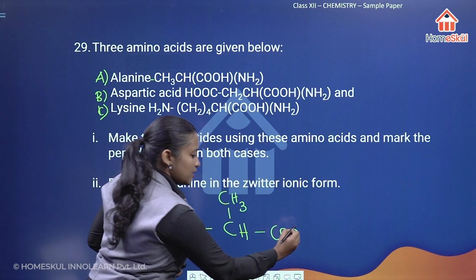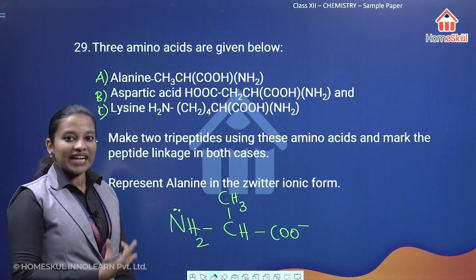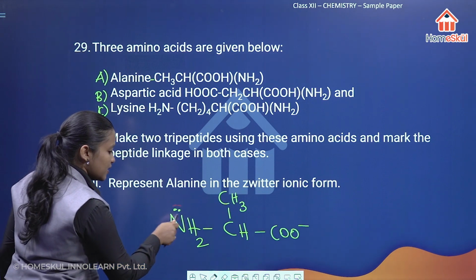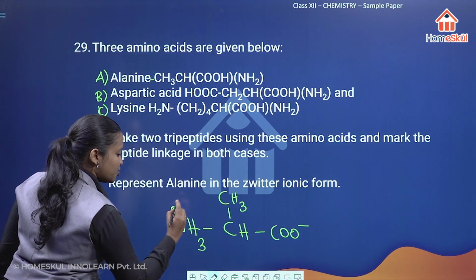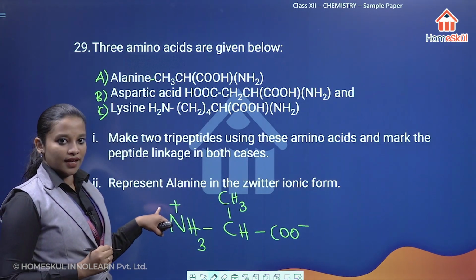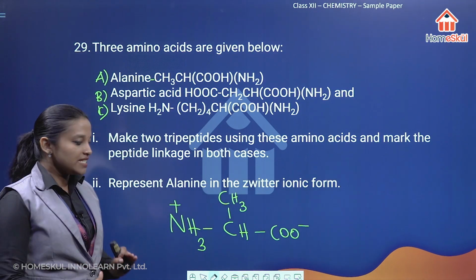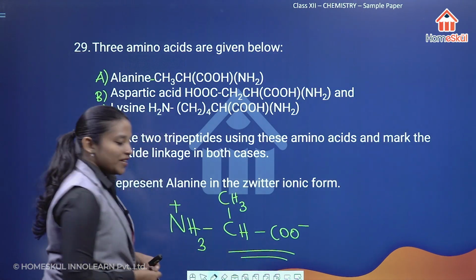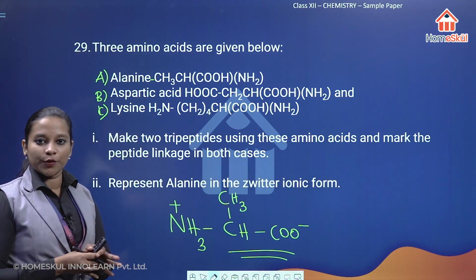It will lose the H plus ion and form COO minus, and this H plus ion is added to the NH2 group as NH3 plus by using the lone pair of electrons on the nitrogen. So, alanine exists in a Zwitter ionic form. That means a negative and a positive charge are in the same molecule.